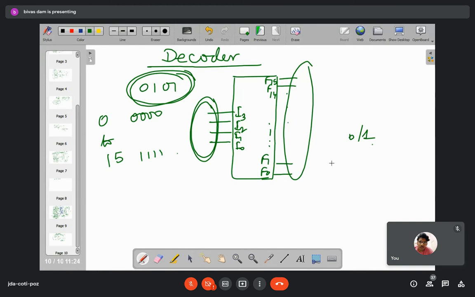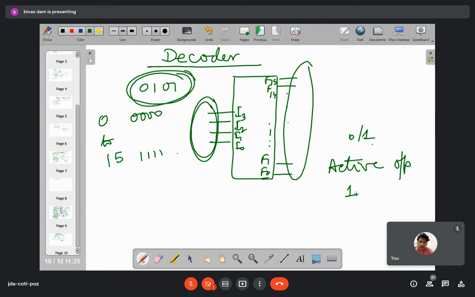Now, if one output is active, if that active output produces a logic 1 value, and the inactive outputs produce a logic 0 value, in that case we say that the output is maintaining the active high output concept. That means the active output will produce logic 1, and the inactive outputs will produce logic 0.